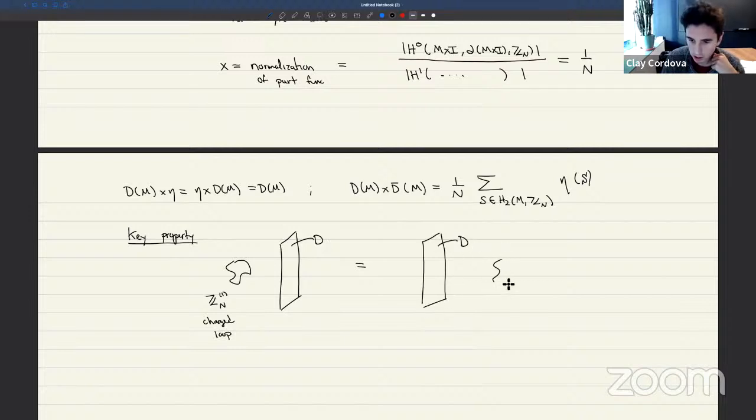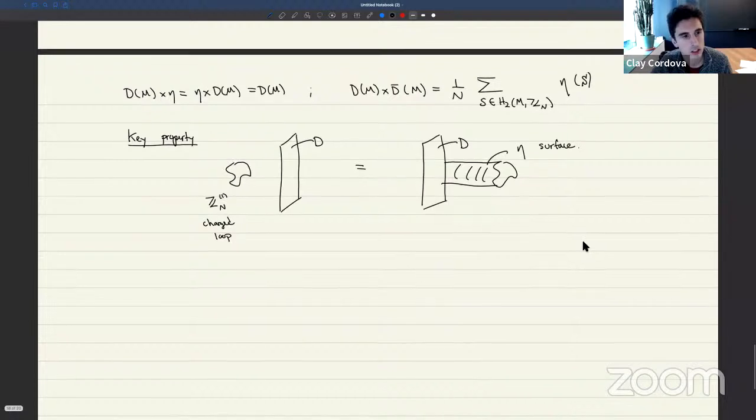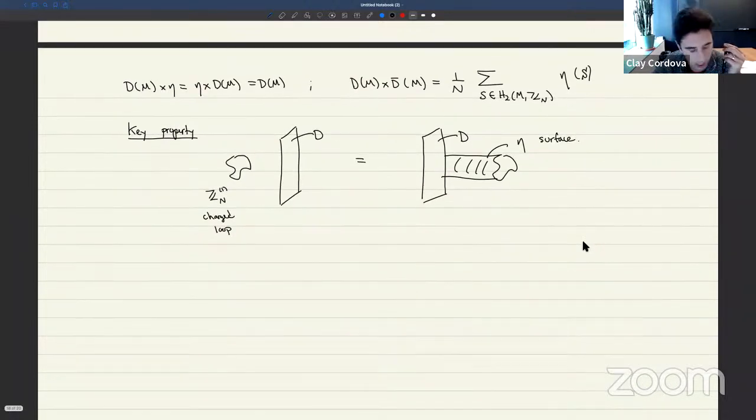But now, instead of a loop, we have an eta surface attached. So this is one way that D differs from a standard symmetry. If we try to move it past a charged line operator or loop, it becomes a loop with a topological surface attached.